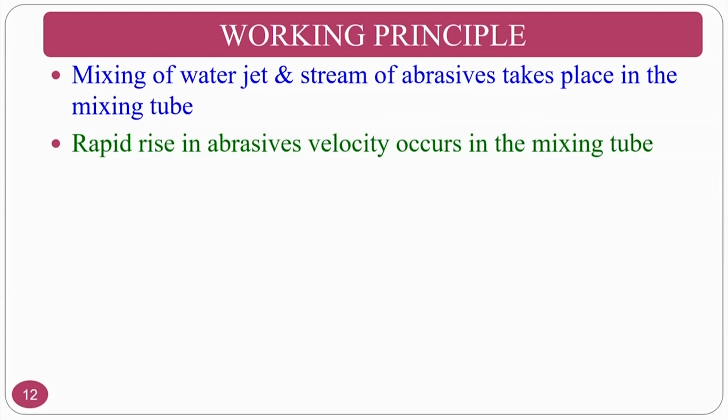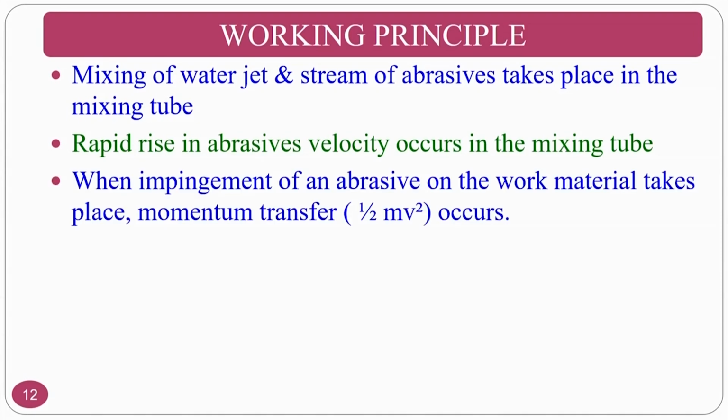The pressure at which water is coming is very high, and the feeding pressure in abrasive water jet machining is normally due to gravity. So, because of these pressure differences, the mixing takes place in the mixing chamber.